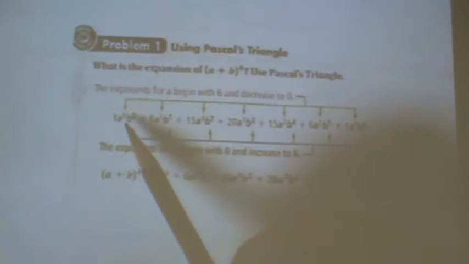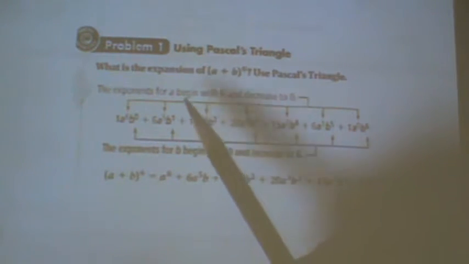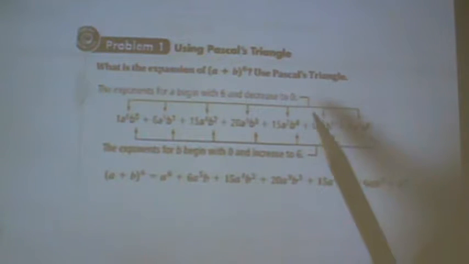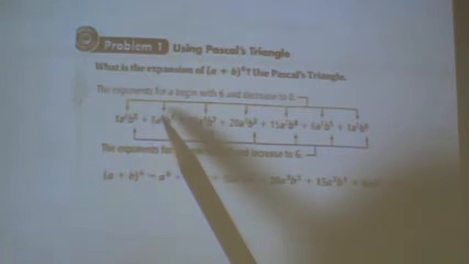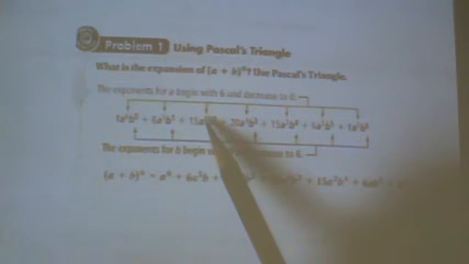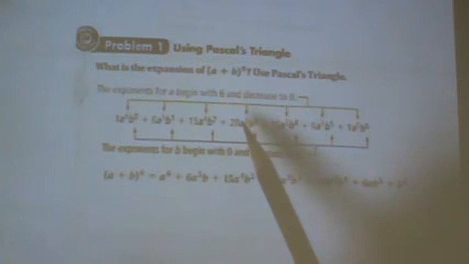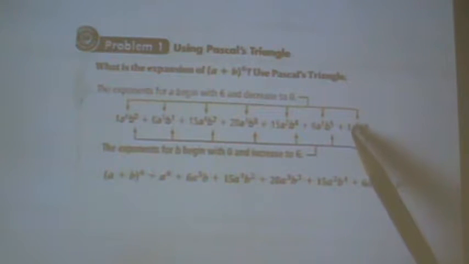And then after that, it decreases by one until you get to 0. So you start out with a to the 6th, and then you'll have a to the 5th, a to the 4th, a to the 3rd, a squared, a to the 1, and a to the 0.